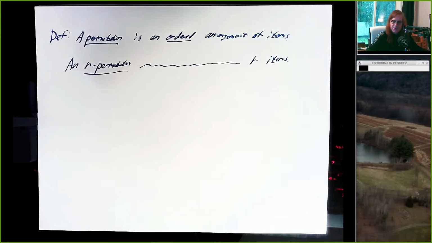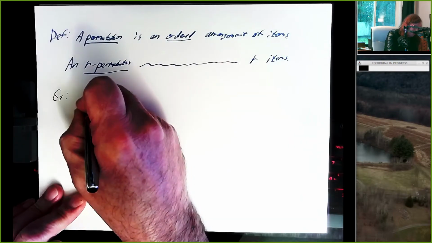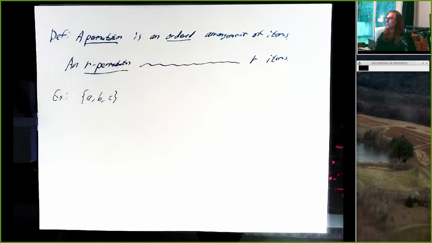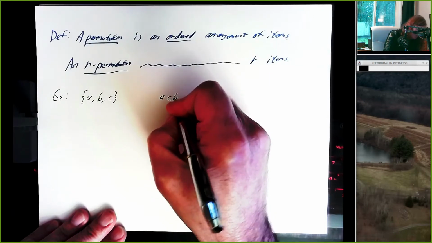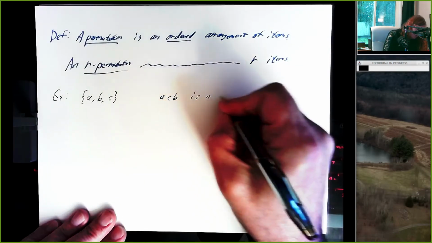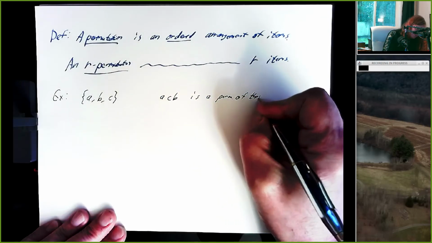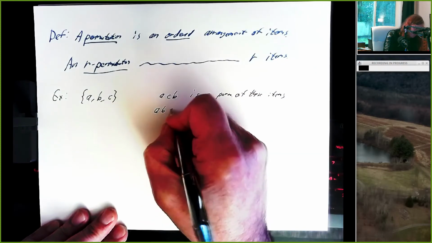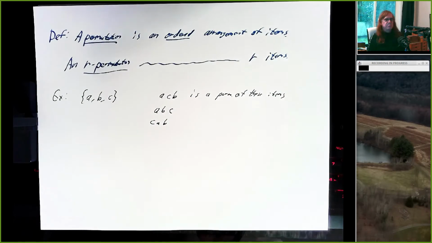So for example, suppose we have the set containing the elements A, B, and C. So we have three items. ACB is a permutation of these items. ABC is a permutation. CAB is a permutation, and so on.